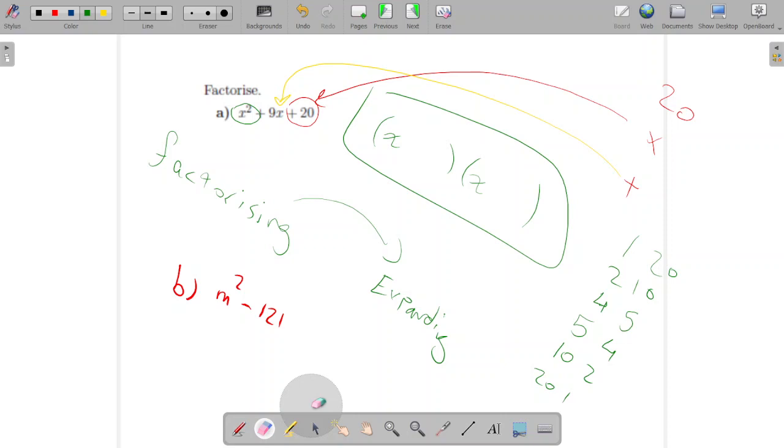The idea is that when you do this method, it's repeating itself.